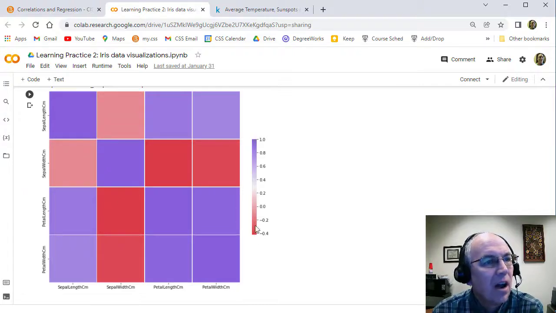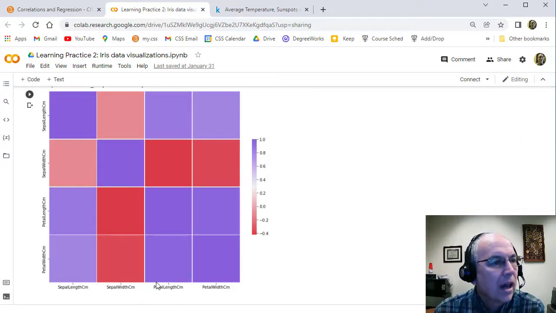And whiter values here are not correlated. So you can see things that aren't correlated so well or things that are. Certainly, along the diagonal, everything's correlated with itself. If I look at the sepal length and the sepal length, they're exactly correlated. But the sepal width and the sepal length are not very well correlated.